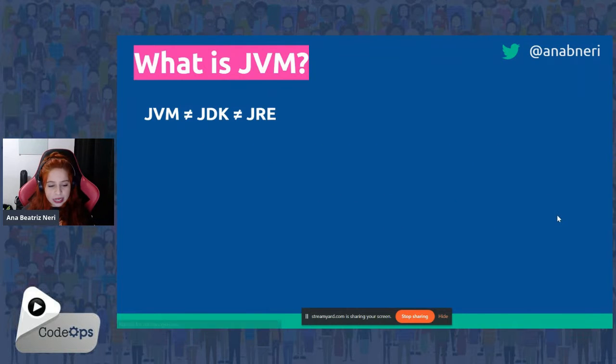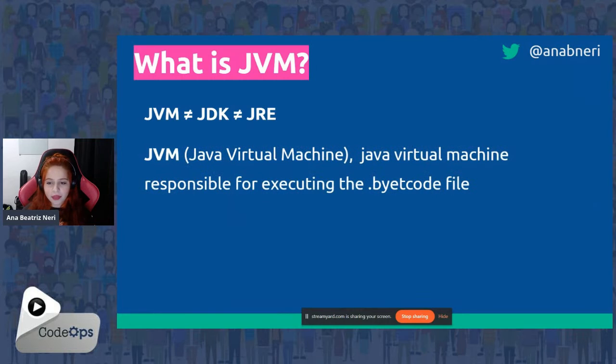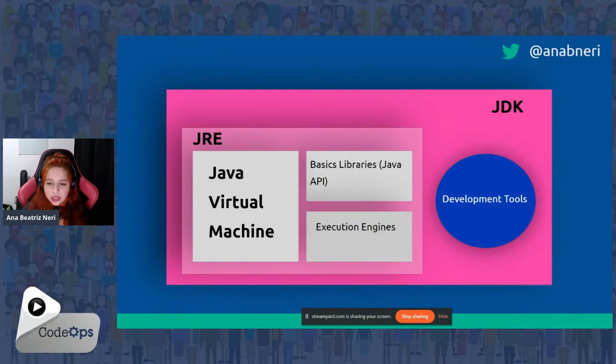And finally, we have the JVM, or Java Virtual Machine. It's responsible for executing the bytecode file and makes our code run on any operating system. If you imagine it, you can see many blocks inside each other. The JDK provides all the things that we use. When you download the JDK package, you have all the services Java provides for you.